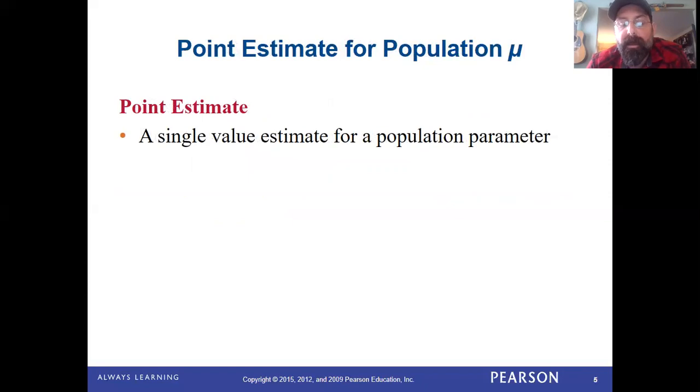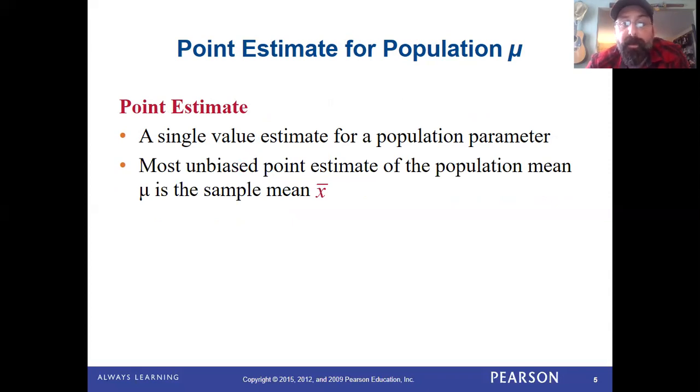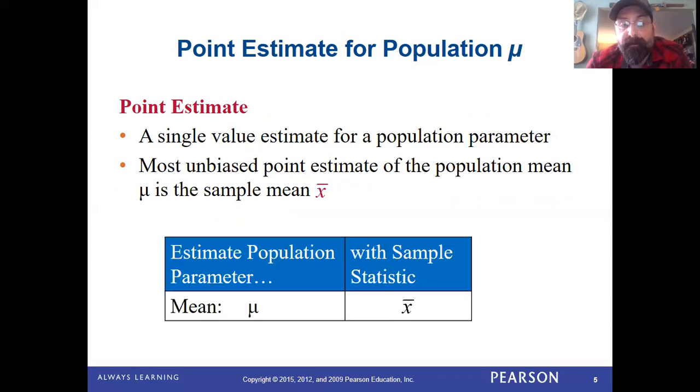So first of all, we're going to look at a point estimate. It's a single value estimate for a population parameter. If we want to estimate the population mean mu, the most unbiased point estimate would be X bar. If we want to know the population mean mu, we should use a sample mean X bar.